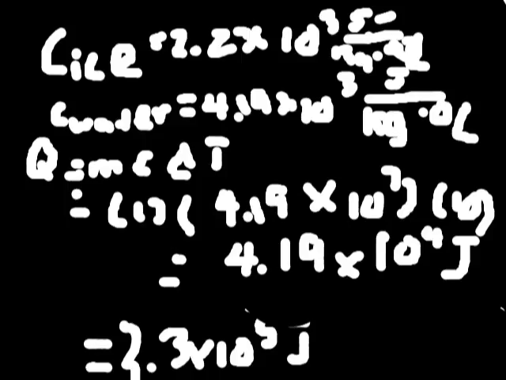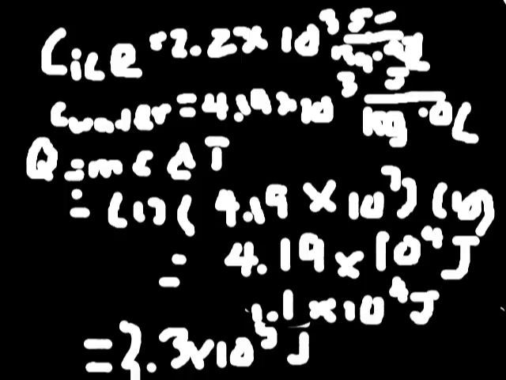Now that we found all the different amounts of heat required for the different stages of our calculations, remember, the first one was 1.1 times 10 to the 4th. What can we do now once we know all this? Well, we just have to add it.